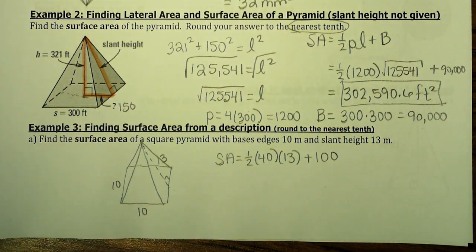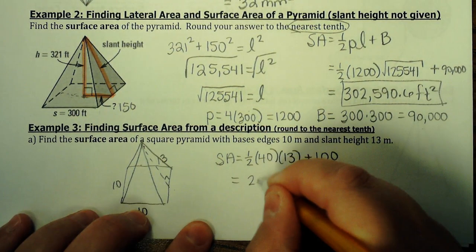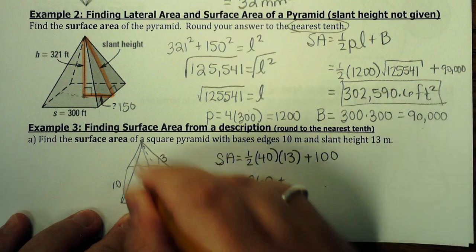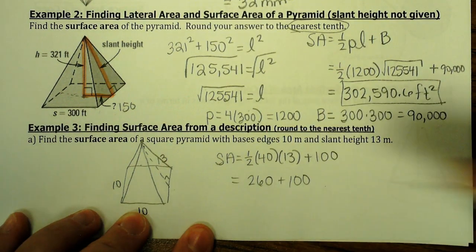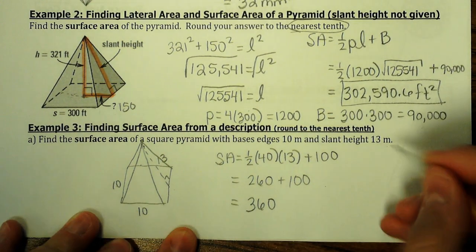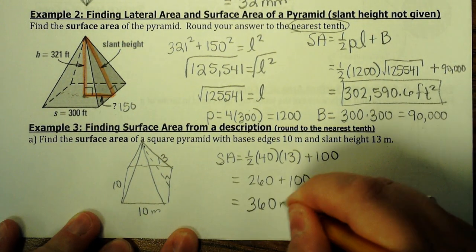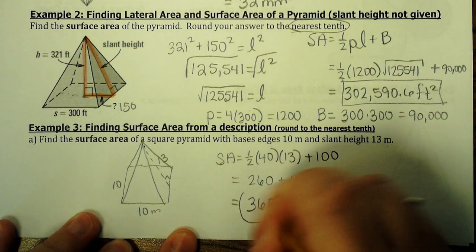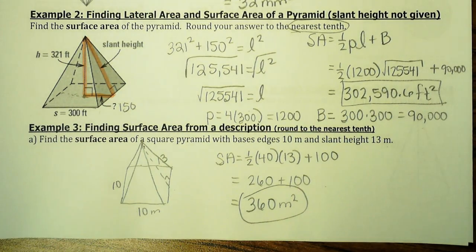And so all we have to do there is multiply that out and add 100. So this is going to give you 260 for the 4 triangular faces, plus 100 for the base, so the total 360, and it said meters in the direction, so square meters would be my surface area. If they just asked me for the lateral area, I would just put the 260.